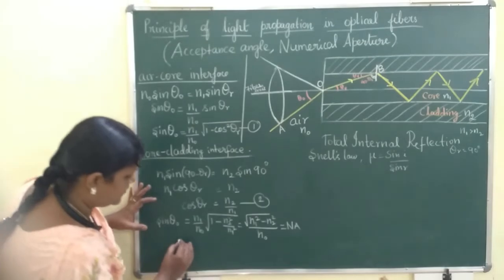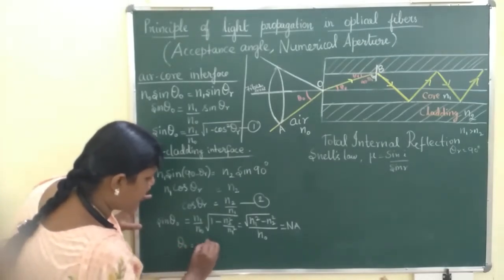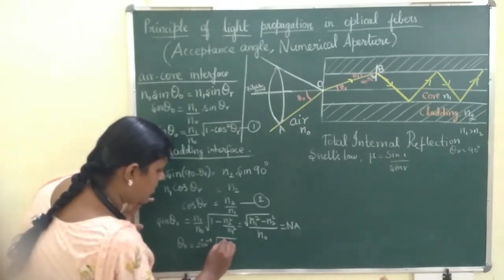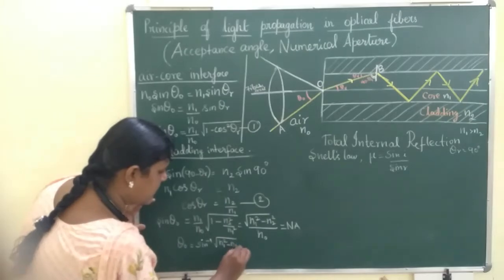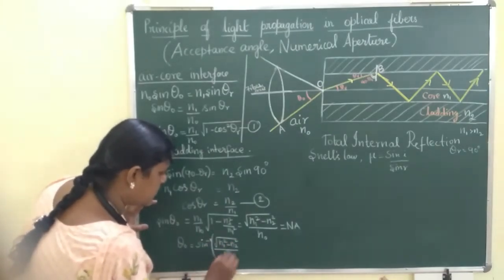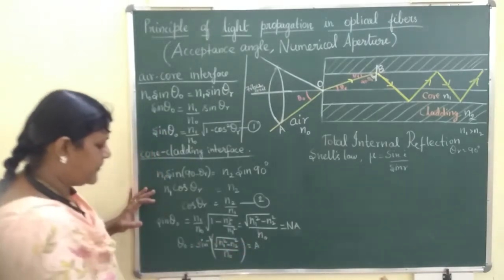From this we can write theta naught equal to sin inverse of root of n1 square minus n2 square divided by n0. What is this called? This is called the acceptance angle.